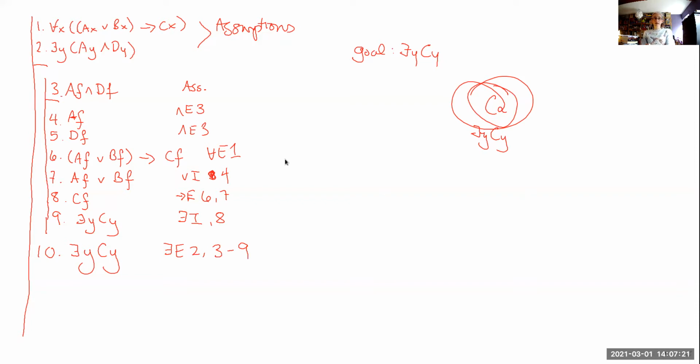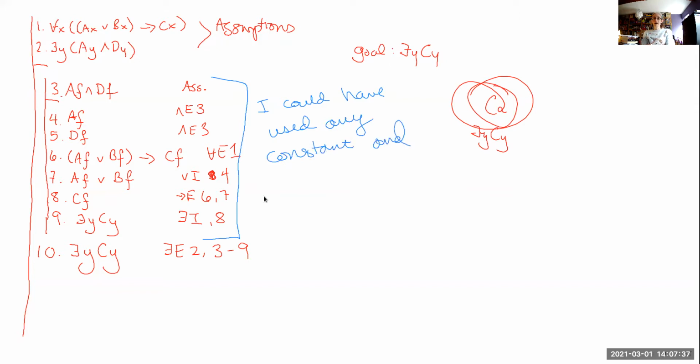The point of this is that this bit that I did here, I could have used any constant and the proof would still work.